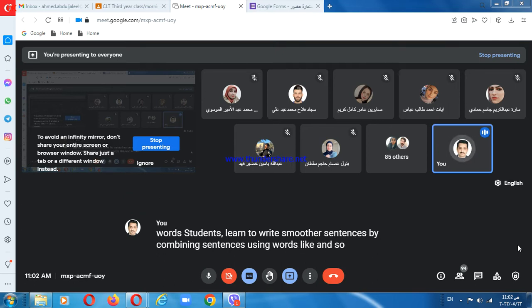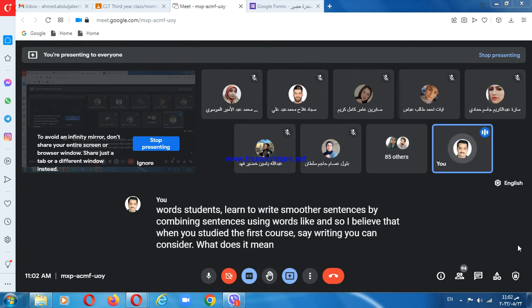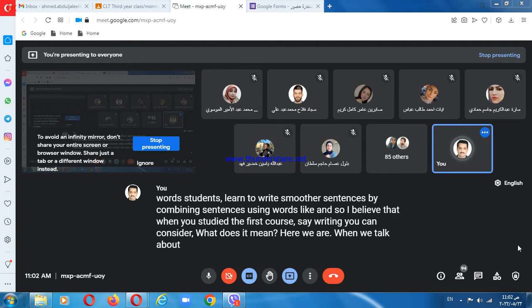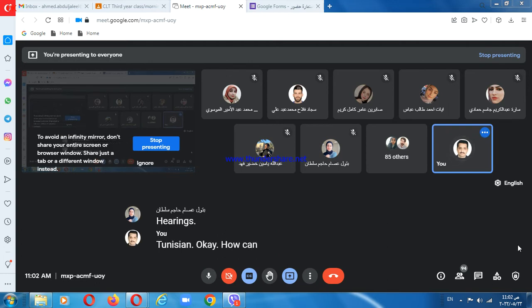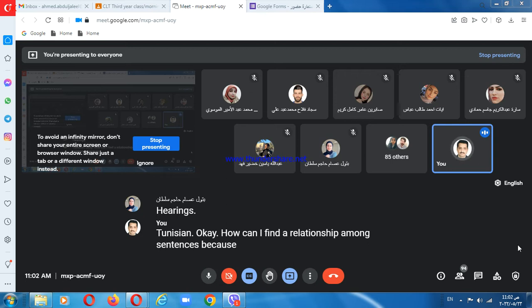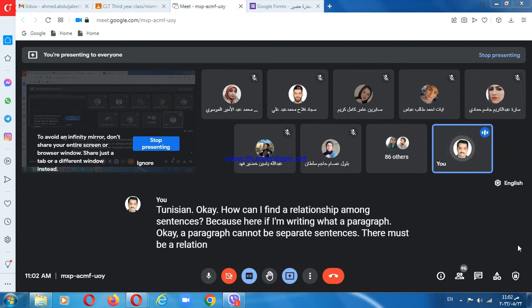I believe that when you studied essay writing in the first course, you can consider what it means here. When we talk about transition, that is cohesion. You remember cohesion? How can I find a relationship among sentences? If I'm writing a paragraph, a paragraph cannot be separate sentences. There must be a relation among these sentences. How can we reflect this relation?